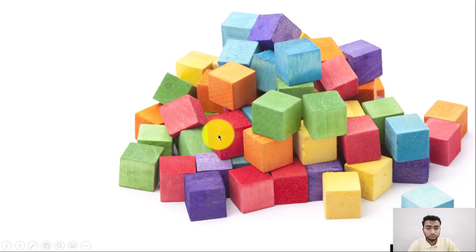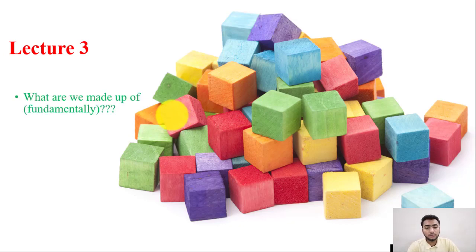We are going to continue with our previous lecture, so this is lecture number 3, and we have up till now studied the basic structure of an animal cell and the basic structure of a plant cell.